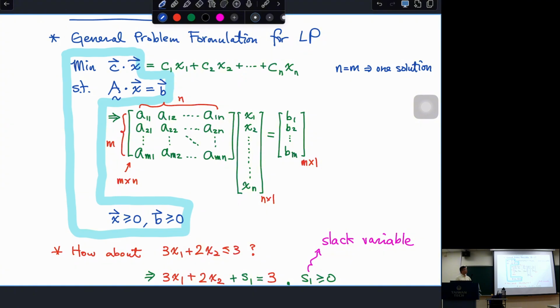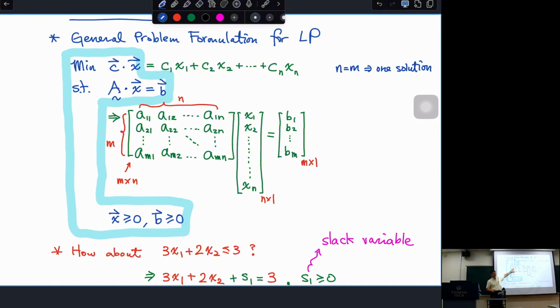And of course, the rank of the matrix is m.